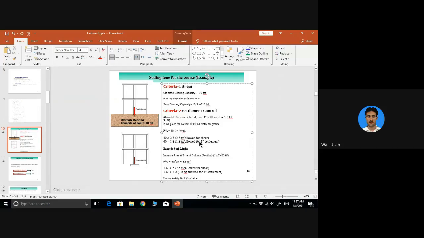So we need to design the foundation so that factor of safety against shear failure should be greater than or equal to 4, and foundation settlement should be less than or equal to 1 inch.